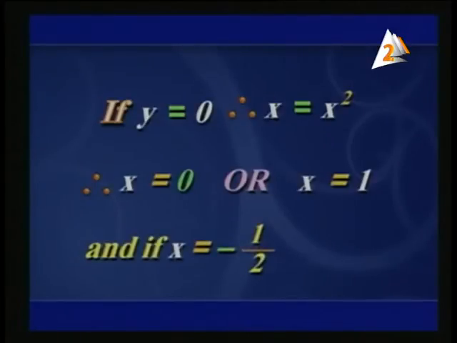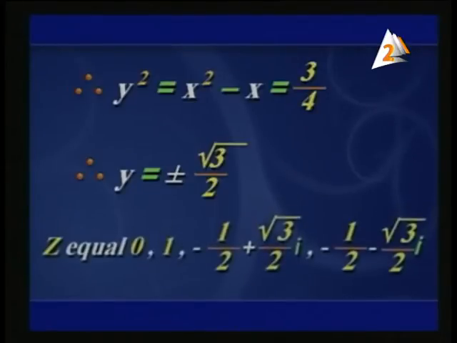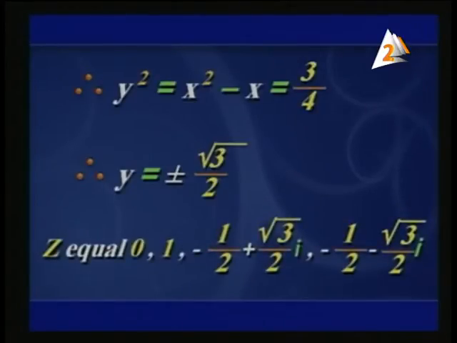And if x equals negative half, then y squared equals x squared minus x equals 3 over 4. Then y equals positive or negative root 3 over 2. Therefore, z equals 0, 1, negative half plus root 3 over 2 i, and negative half minus root 3 over 2 i. Now, let's go to another example.